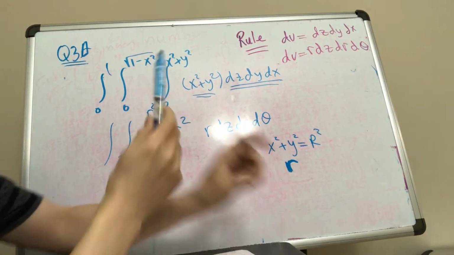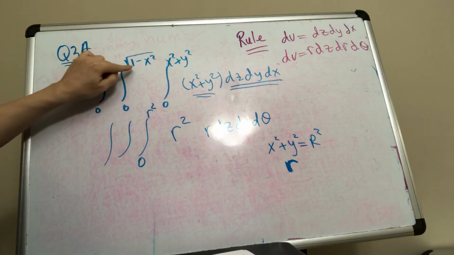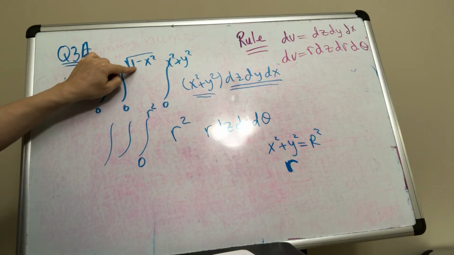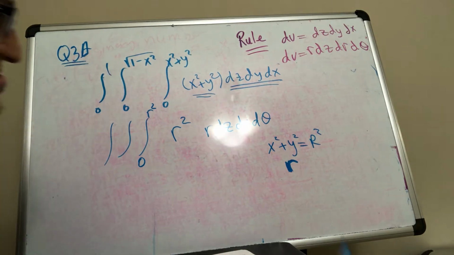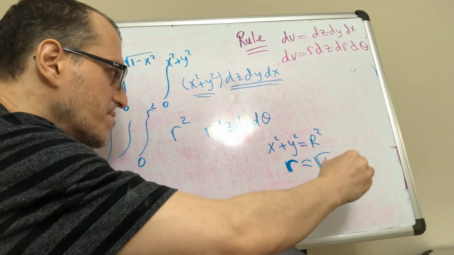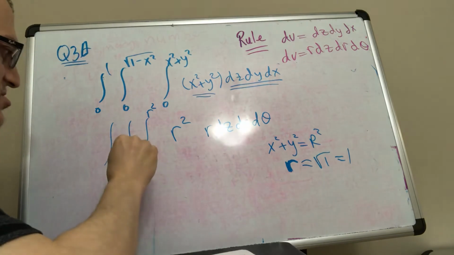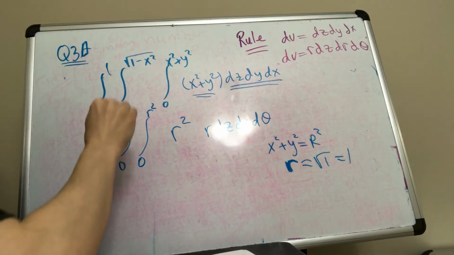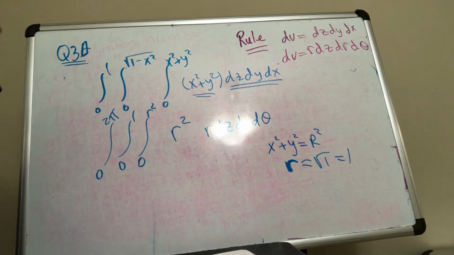Your radius would be, if you look at this portion, the square root of whatever this number is. So it would be the square root of 1. That's 1, so you're from 0 to 1, and complete circle. So this is the answer for this one.